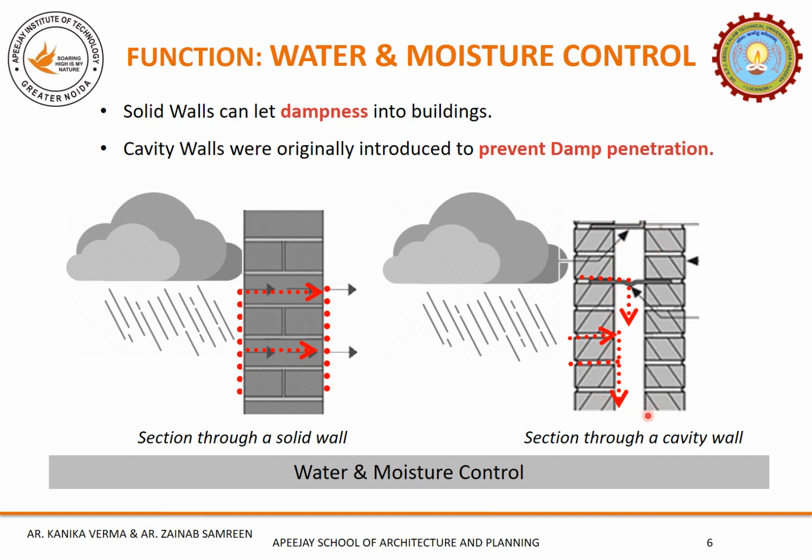Nothing can go against gravity, so the moisture drops down, and when it has dropped down, it is taken out through the weep holes, and this process solves the problem of moisture penetration in inner walls as well.